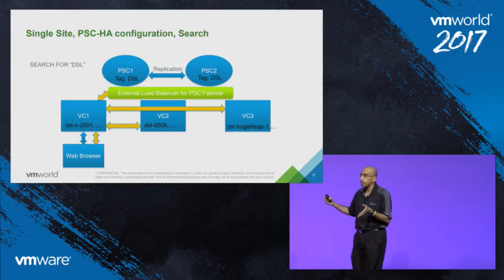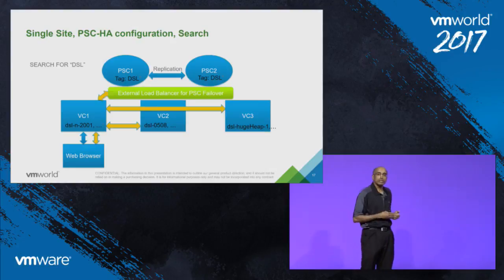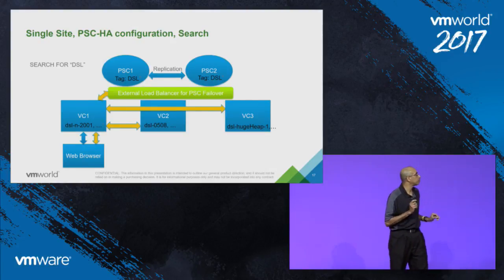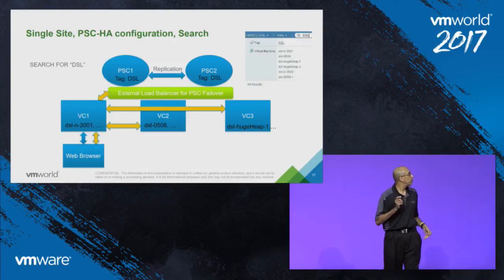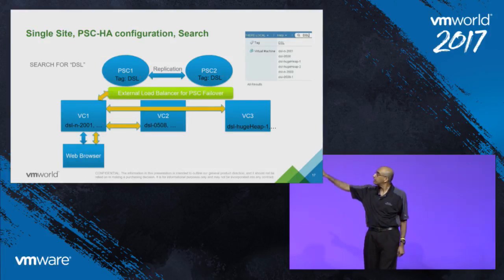So when you're sizing heaps, think about how many vCenters you have as you look to deploy. I'll help you understand how to look at that a little bit later on. Okay, so this helps you understand latency, and the factors that influence the heap. Great, and then it lets you see this view where you can see any tag with the name DSL in it, as well as any VMs that have that string.